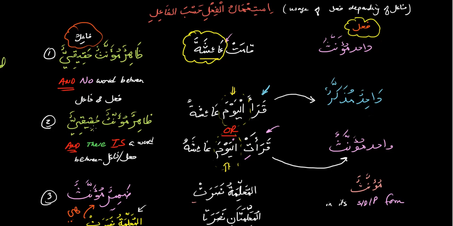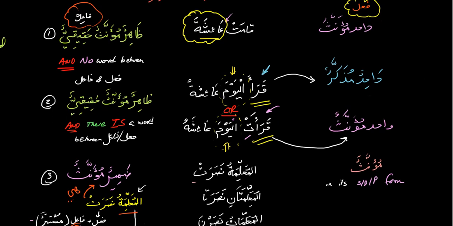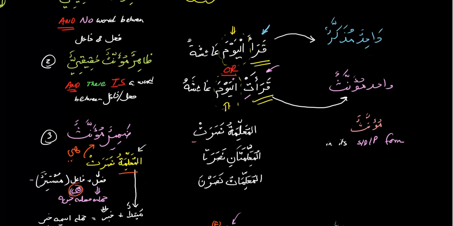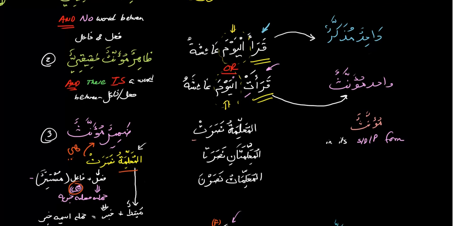Zahir, mu'annas, haqiqi, and there is a word between the fi'l and fa'il: خرج اليوم عائشة, خرجت اليوم عائشة. In that case you can use either a wahid muzakkar or a wahid mu'annas if there's a word in between.